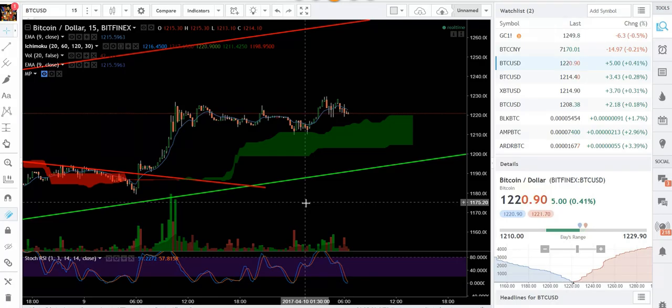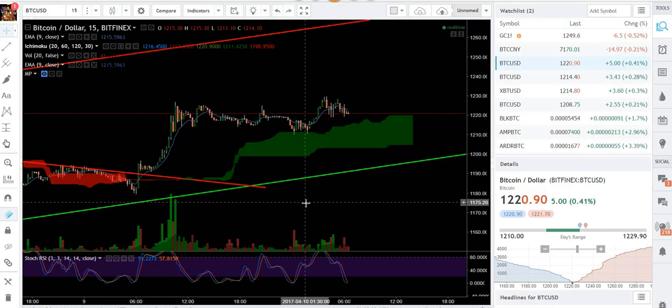I found in the past that when you rely on one line crossing another as an indication of a trade, you're using that indicator to tell you there's a trade setup, and I don't really use indicators for that. It also makes the screen very full of extra lines and gets really cluttered really easily when you have all of the Ichimoku settings on there.